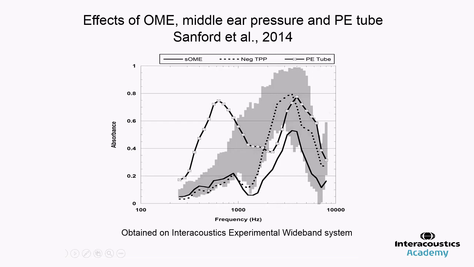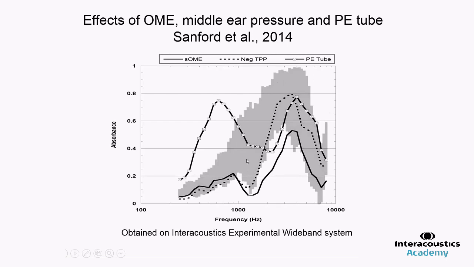In gray is the average normal response for wideband absorbance. And so what you can see for normal ears, starting at around 200 hertz and then going up to 800 hertz, is that we have this nice middle ear transfer where we get the most amount of transfer into the middle ear system between 1,000 and 4,000 hertz.